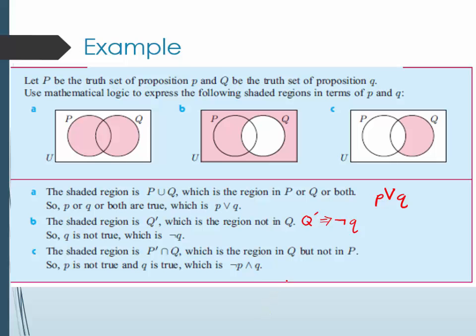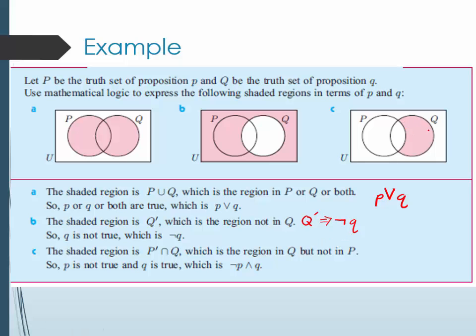Okay? And then the last one here says only Q is true and not both. You could do this in a couple different ways, but the way we're going to do it is we're going to find basically what this is as a union. How would I do this as a Venn diagram using set theory, unions and intersections?